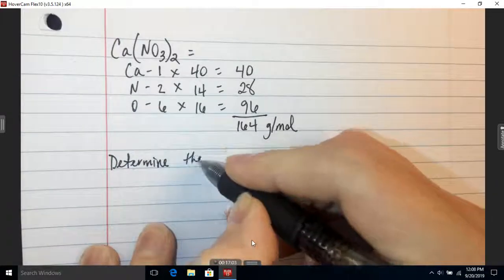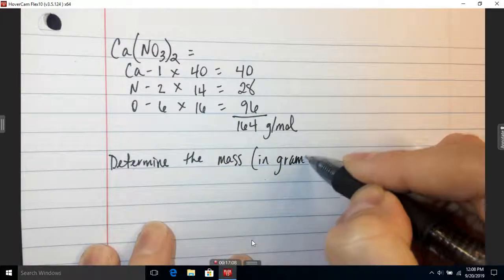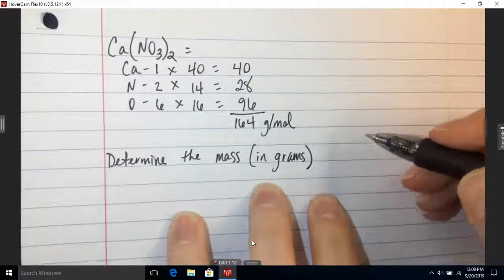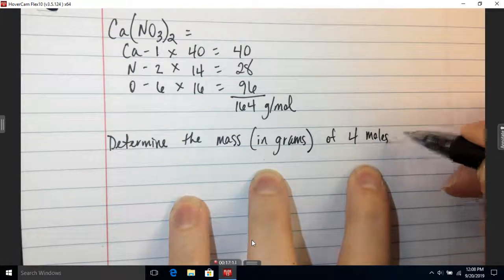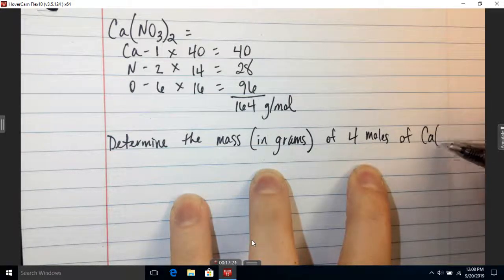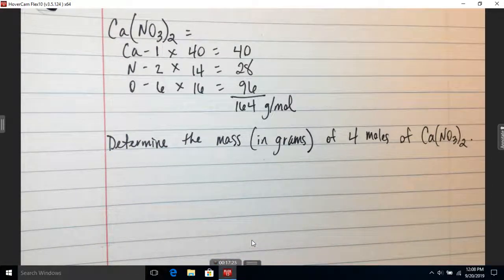Okay. So if I said determine the mass in grams of 4 moles of Ca(NO3)2. So basically the same thing as putting a 4 in front of Ca, like having a coefficient? What did I say in the notes that meant?